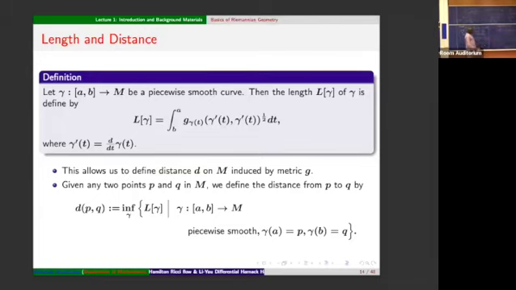So this is what you have as the definition of the length of that curve.